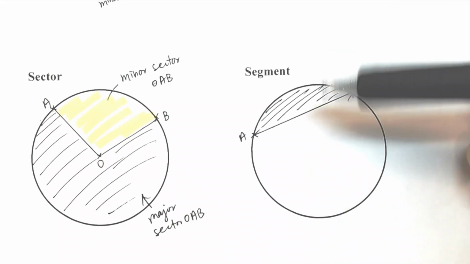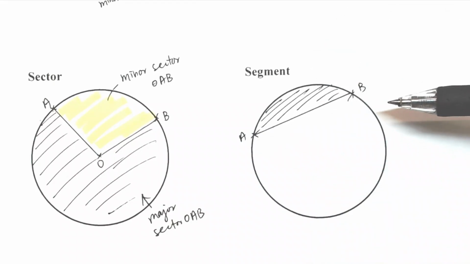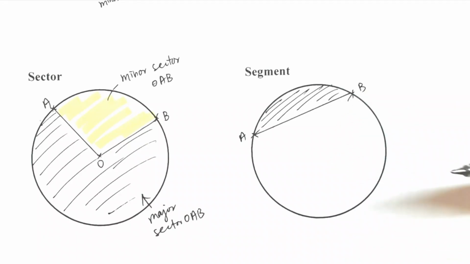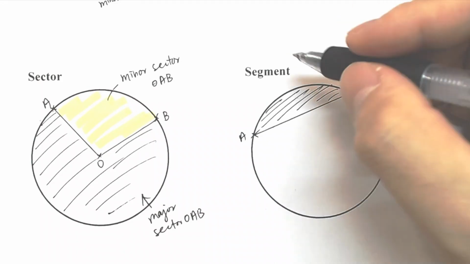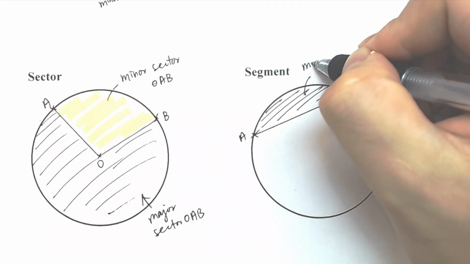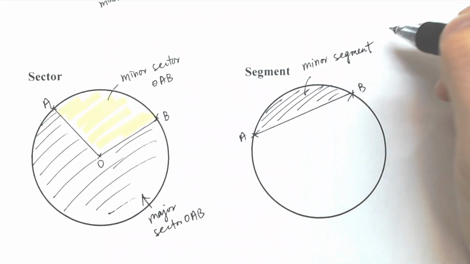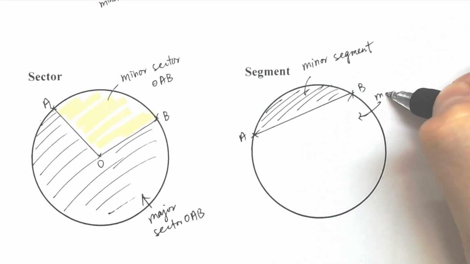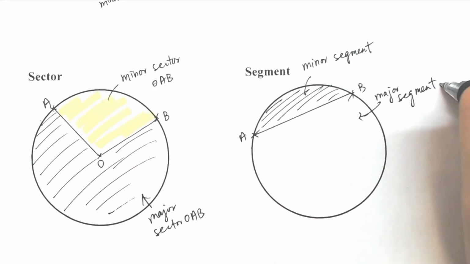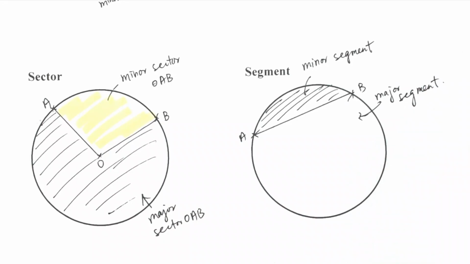And of course, for the chord AB, it can form a closed loop together with major arc AB. And so we will have a minor segment and major segment. Okay?